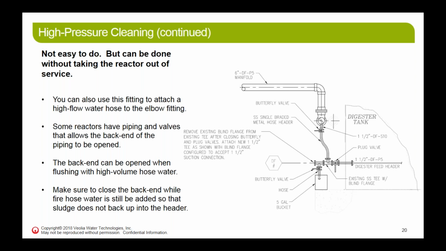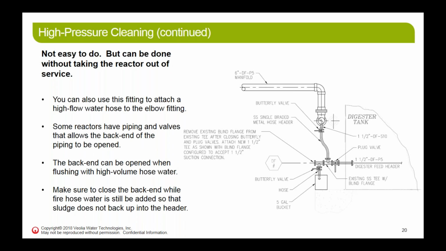The other way, again, not so easy, but a little easier than the high-pressure washer, is to put, instead of the O-ring flange on, a flange that can be adapted to handle a 1.5-inch fire hose. So you can get high pressure, high flow water through the header.